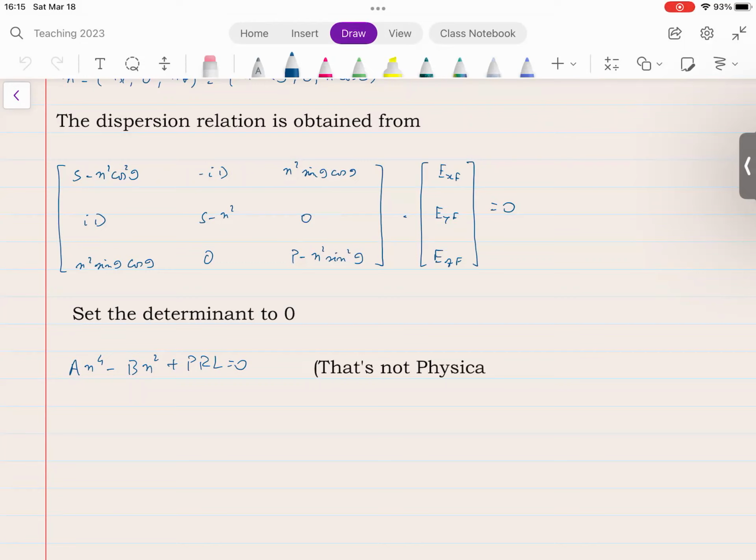That's not what we mean here. But it's the product of the terms P times R times L. We've defined all of those above. All right, almost there.